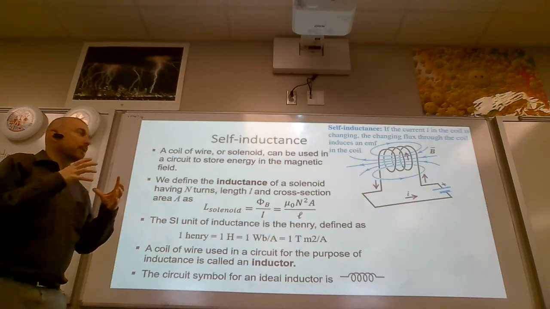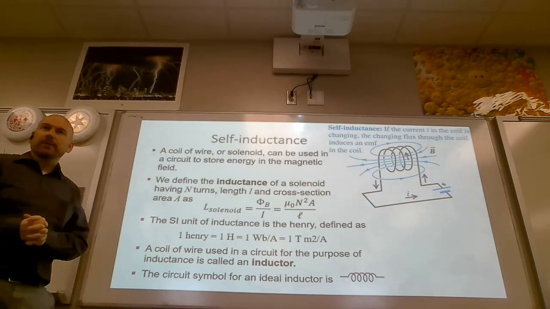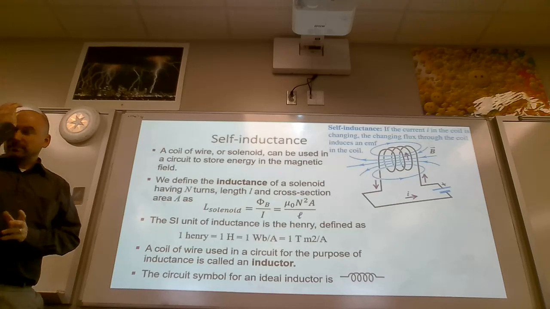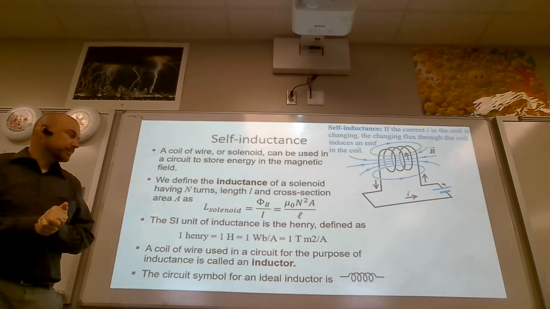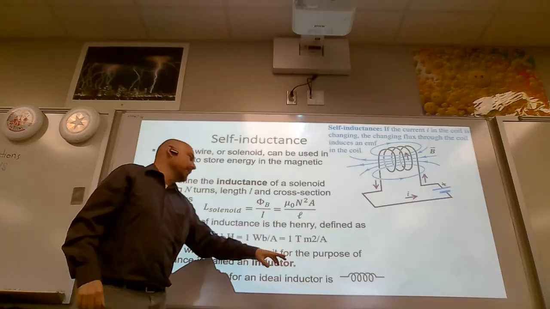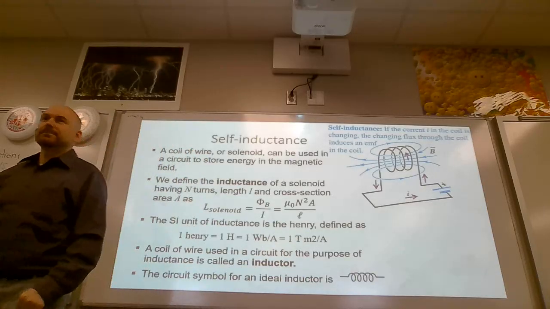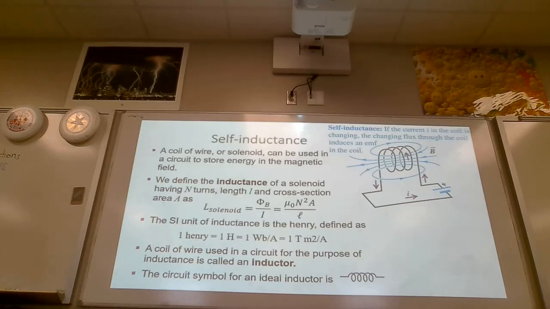It's that ratio of how much flux there is for a given amount of current. I have Teslas per amps. Sorry, Webers, not Teslas. Teslas times meter squared, Webers per amp. So flux is in Webers. Inductance, we give a unit called a Henry, which is a Weber per amp. Getting kind of deep in here in terms of units.